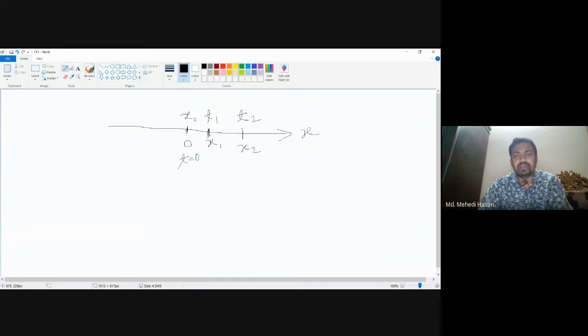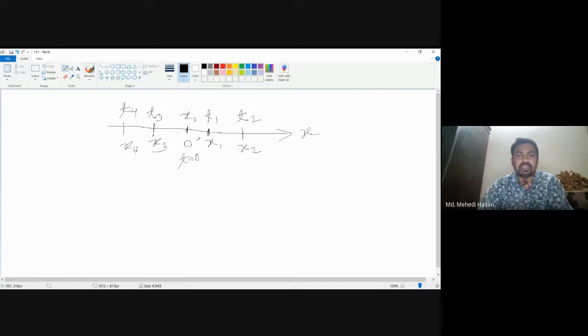Similarly it can also be negative. At t equal to 3 seconds, say this is x3, and at t equal to 4 seconds, say x4. So positive, negative and 0 are all possible. Here x1, x2, x3, x4 represent the position of the object at times t1, t2, t3, t4.